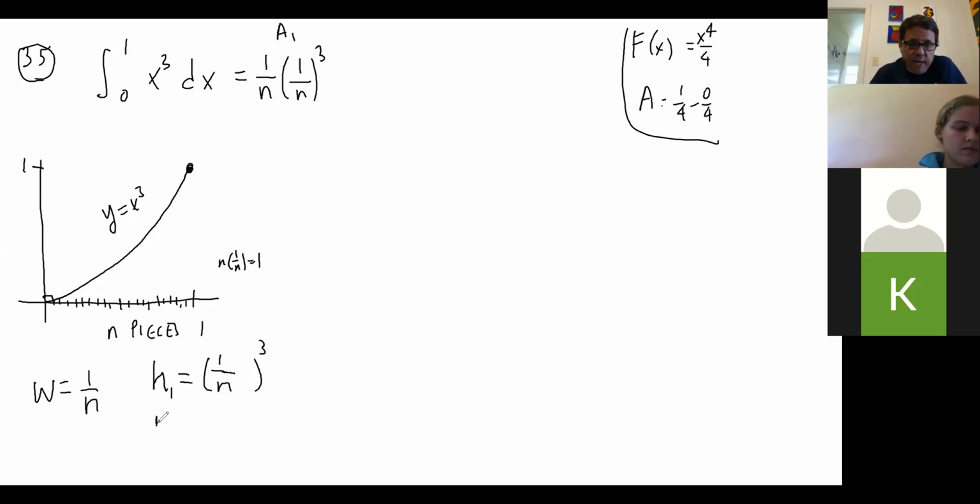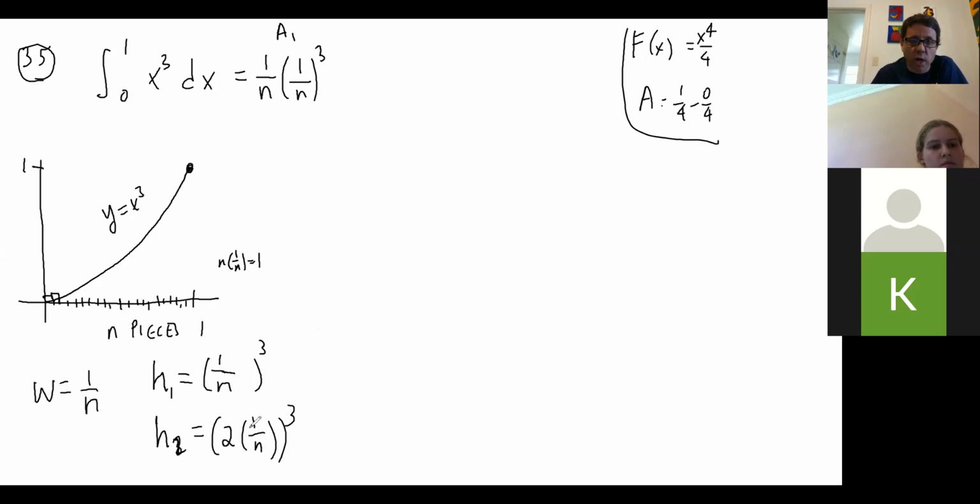The second height, which is 2, is I would go over 2 copies of 1 over n, and I would draw that little rectangle. It still has width 1 over n because they all have the same width, but the height would be 2 copies of 1 over n. And therefore, I stick in a cube.